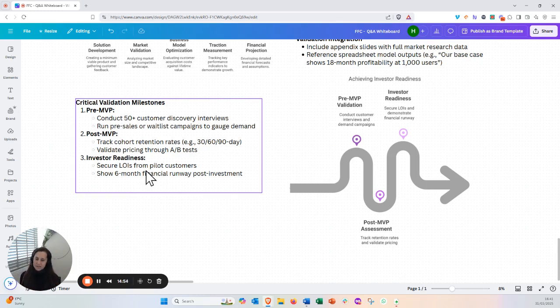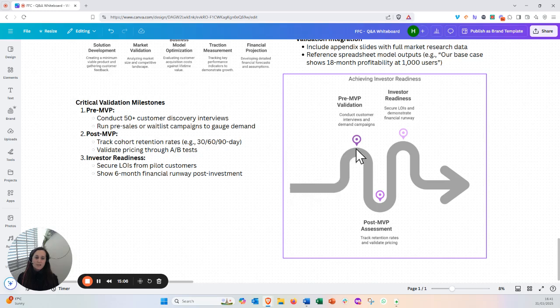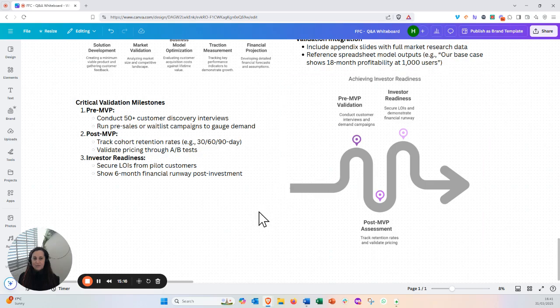That could be pilot customers, real customers, or free customers that have said, I would be paying this once you've launched. These are the key milestones that you need to think about validating before you get to the point where you've got enough really strong data to convert and secure your investment.